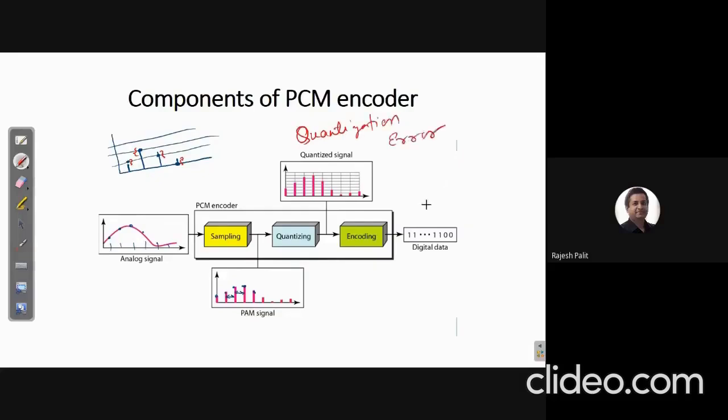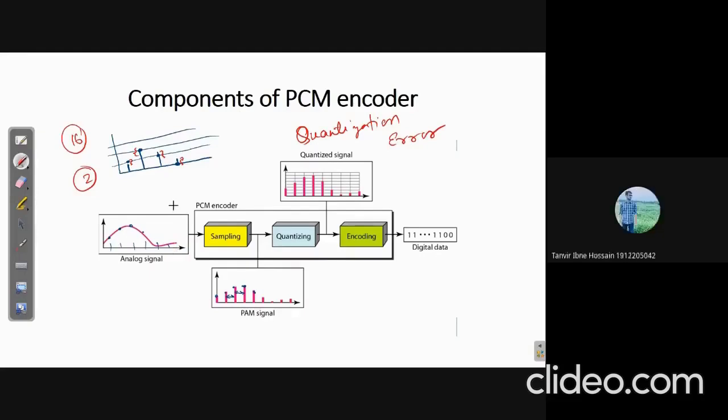Now you tell me, if I have 2 levels and if we have 16 levels, in which case will the error be higher or lower?